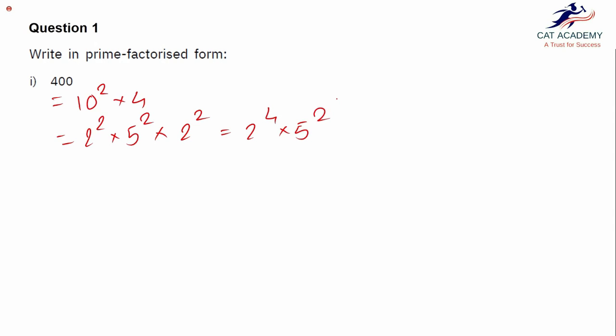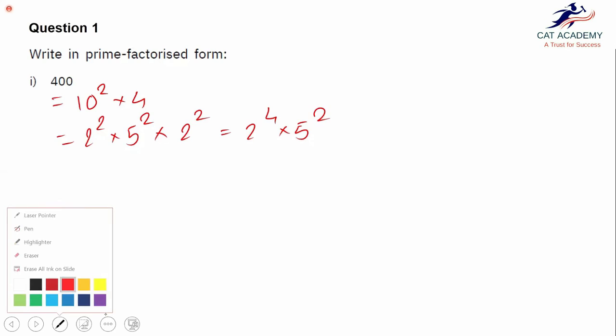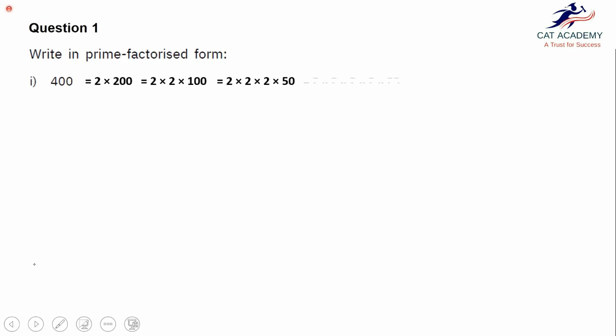Rather than dividing by 2, 2, 2, 2, 4 times and then 5 and a 5. Can I do it like this directly? Right? See, this would have been your school method. So it would have taken a longer time.